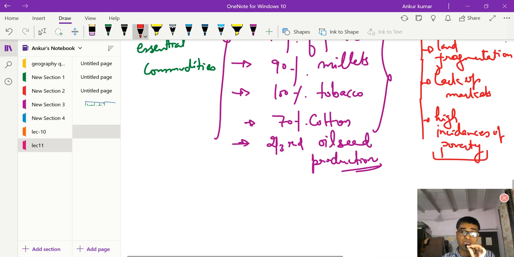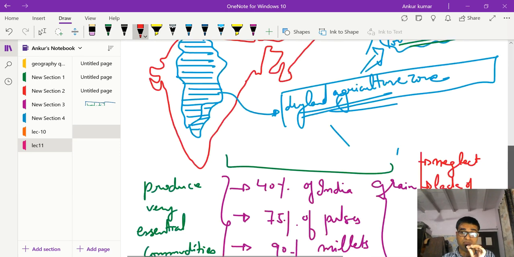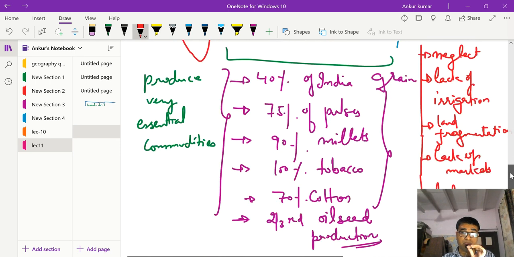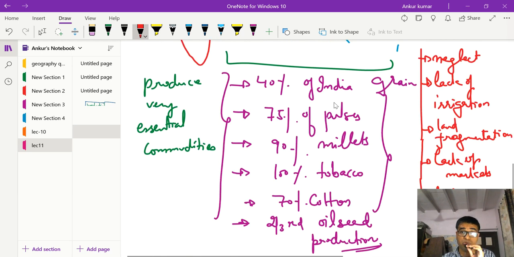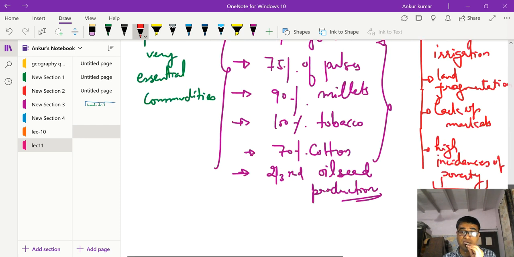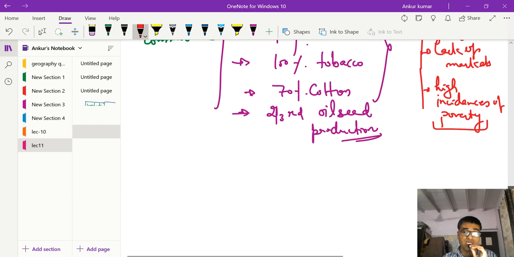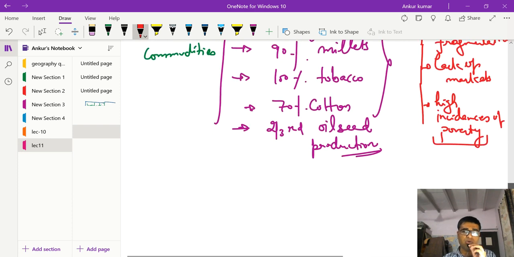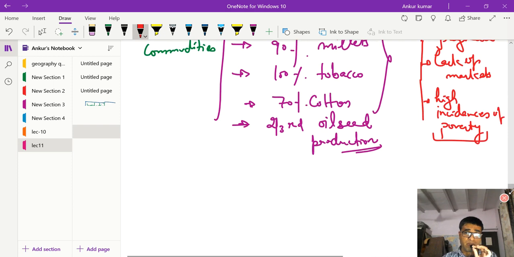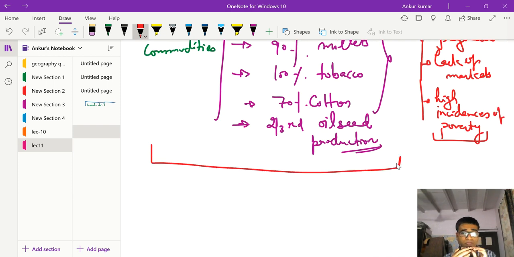But simultaneously, we have said that this region has very high potential. It is producing such a huge number of commodities, and still these problems remain: the neglect by government, no irrigation facilities, very high land fragmentation, no marketing facilities, very high incidence of poverty, malnutrition and mortality rate. The solutions are also not very unusual. We don't need new solutions.